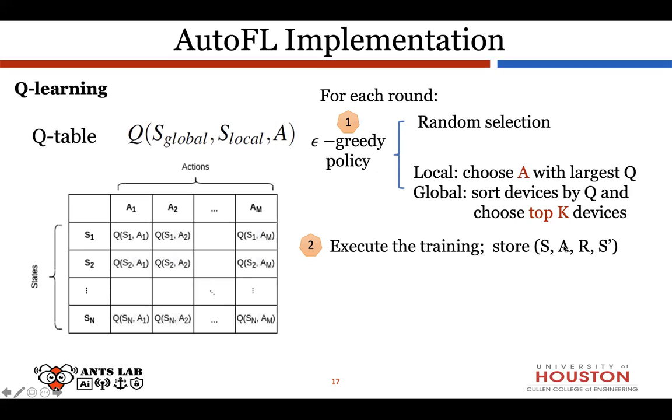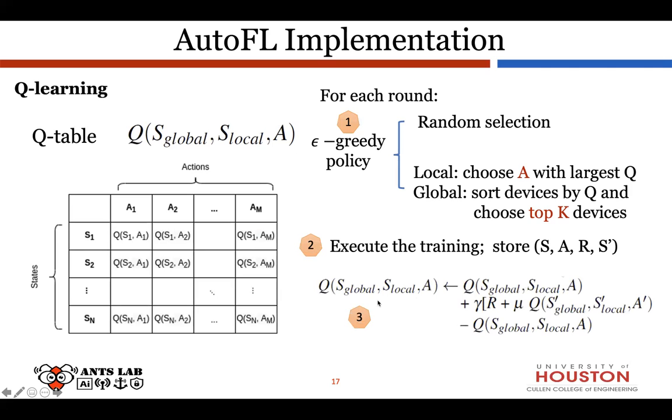For each state, we can choose one action, and we will have our reward, and the state information will move to the next step. Finally, we can update our Q value according to this equation based on the transaction stored in the memory. We can repeat these steps until the model converges. And this is a training detail of their AutoFL method.